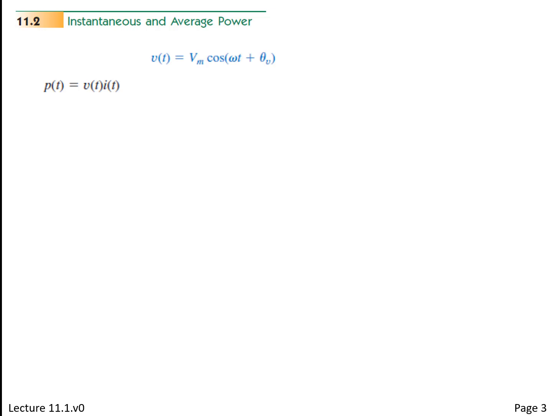Here's the voltage that we're going to use in our analysis. It's got a magnitude, a frequency, and by the way, the frequency, this is not 50 hertz. This is omega, right? And just as a reminder, omega is 2 pi times the frequency.